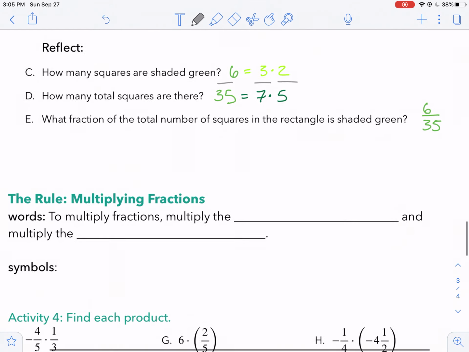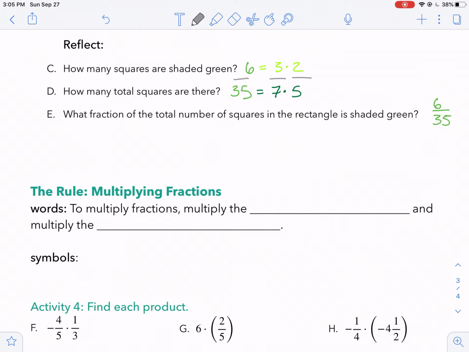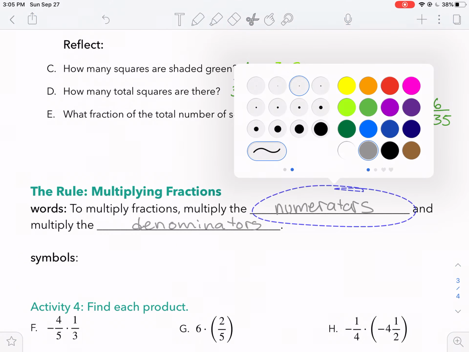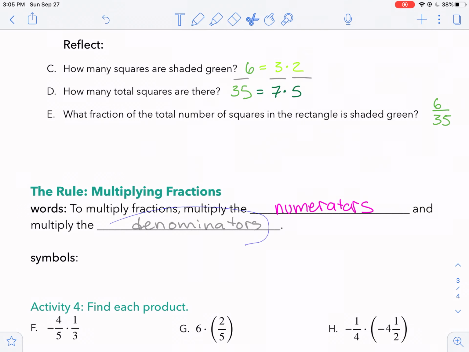To multiply fractions, you're going to multiply the numerators up on top, and then you'll multiply the denominators up on bottom. And you'll spell denominators correctly. Denominators. Let's color code this. We'll put pink on top and purple on bottom.